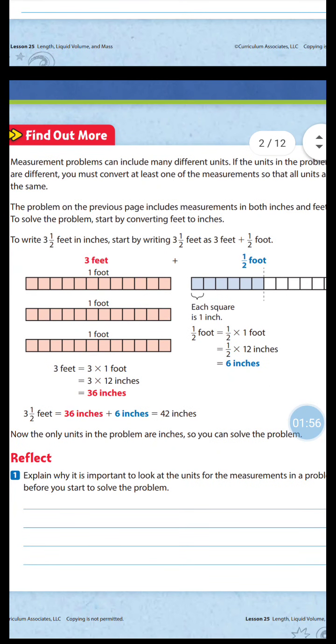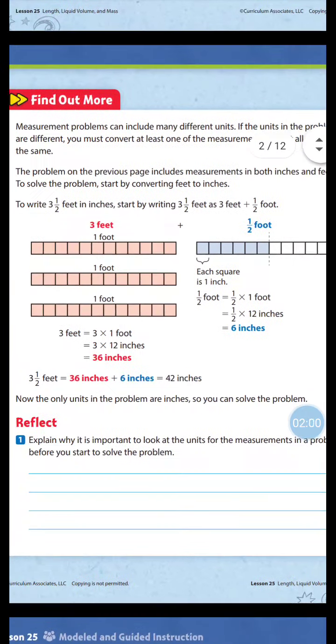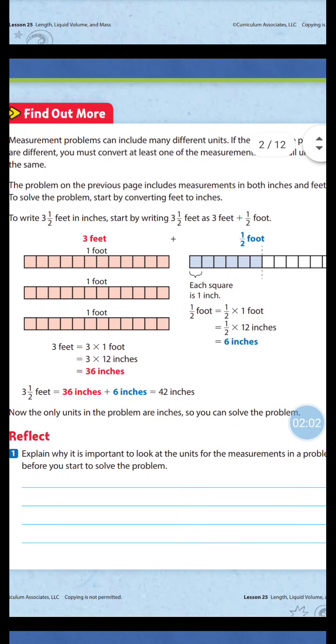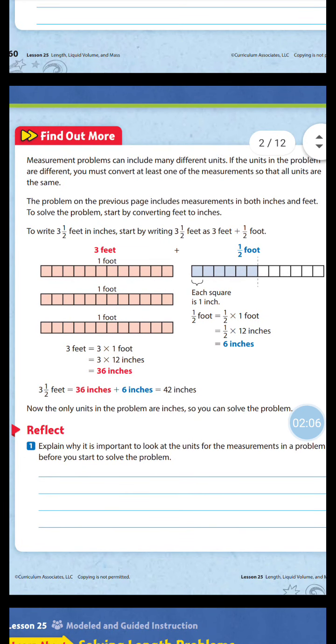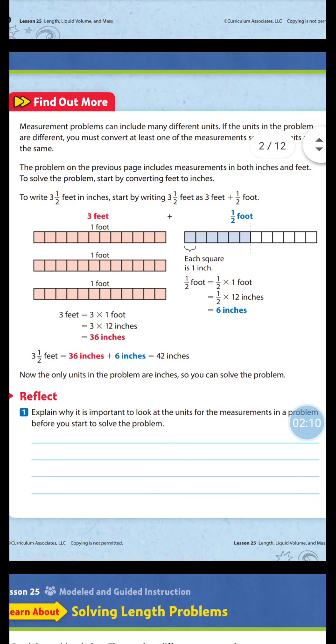It says measurement problems can include many different units. If the units in the problem are different, you must convert at least one of the measurements so that all the units are the same. The problem on the previous page includes measurement in both inches and feet. So, like I told you, we need to convert our feet to inches. So let's look here. 1 foot is 12 inches.